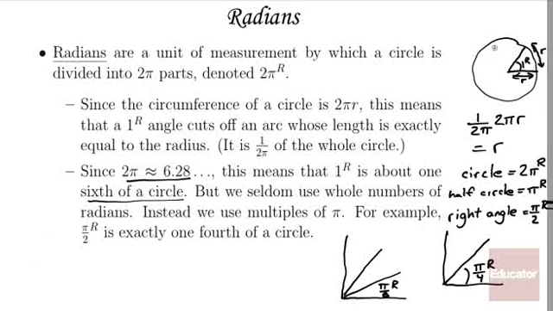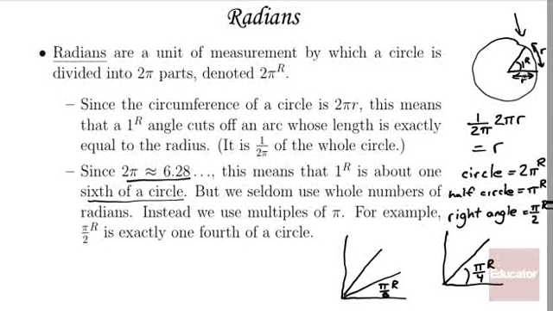So what I've shown up here is pretty accurate. The 1 radian is about 1/6 of a circle. It's about 60 degrees, but it's not exact because it's not exactly 6, it's 6.28 something. But we really don't usually talk about whole numbers of radians.